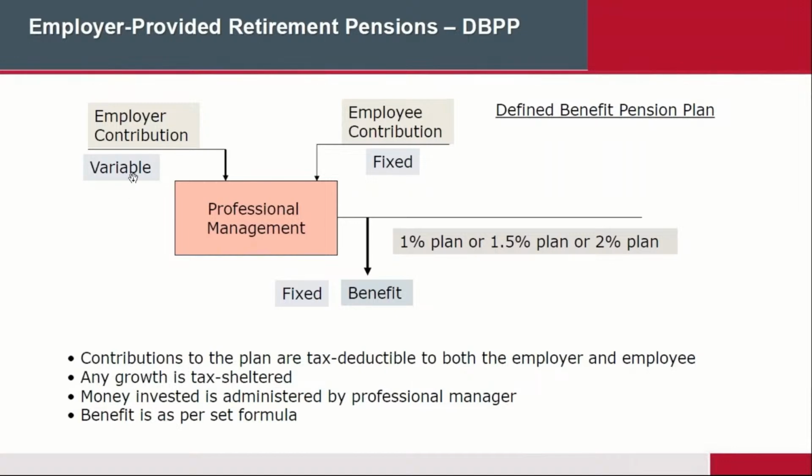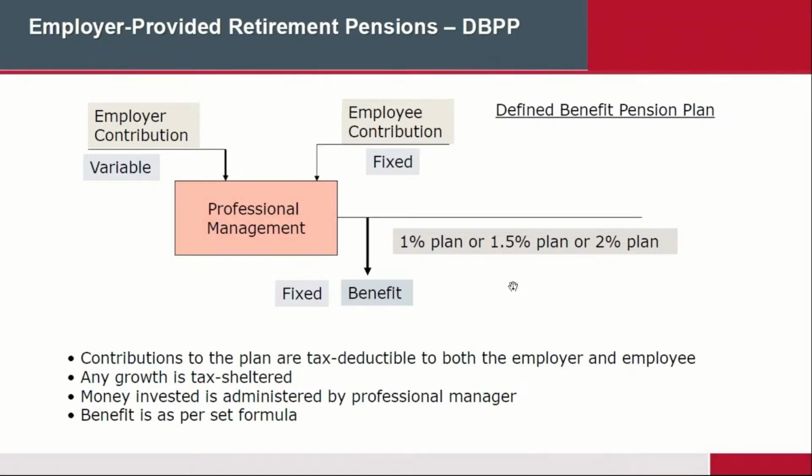It could be, okay, I'll match it, or I'll throw in $1,000 or whatever. In other words, it could vary. So the money goes into a pool of money, which is professionally managed, okay? That money will then be invested, and the benefit will be paid out at the other end when the person retires.